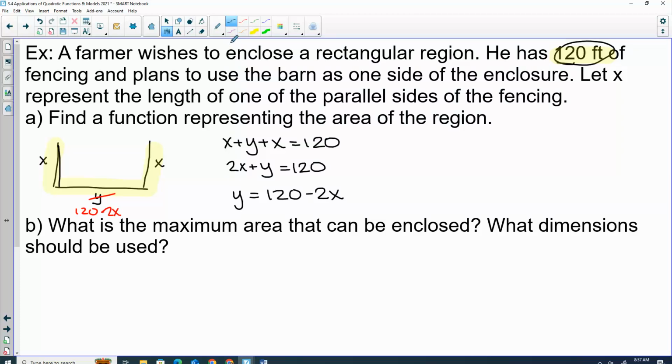I am asking you to find the area. How do we do area of a rectangle? That's a triangle. Mm-hmm.